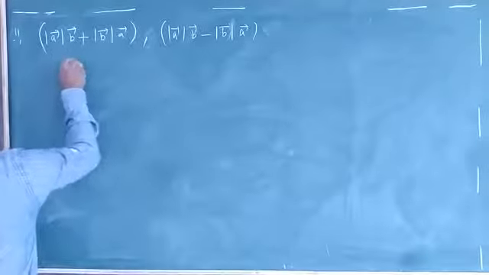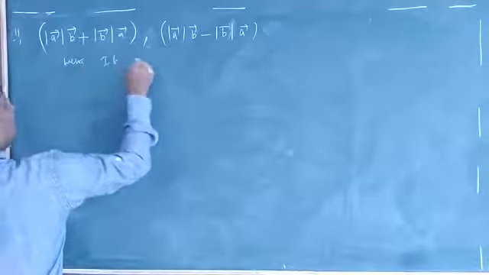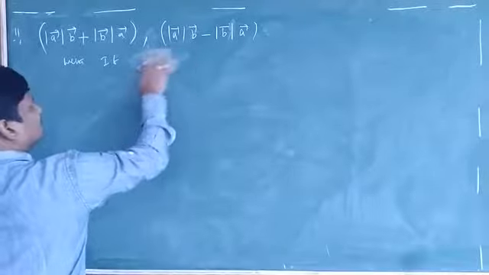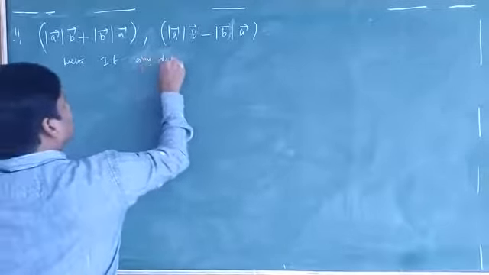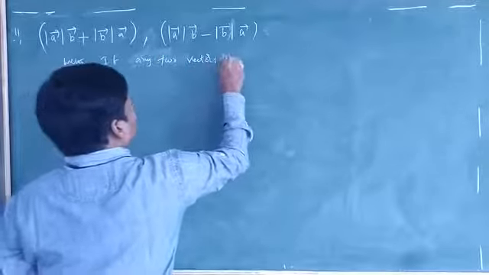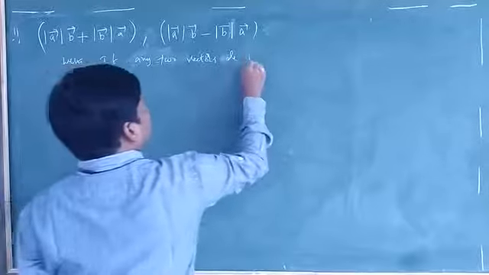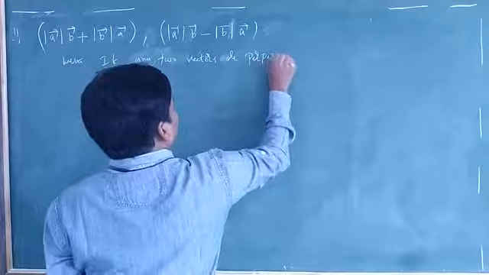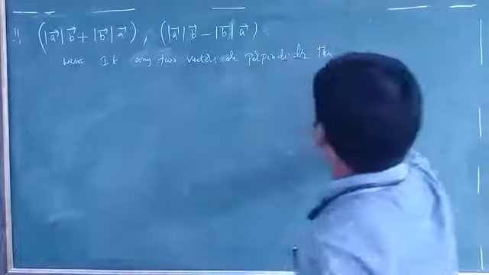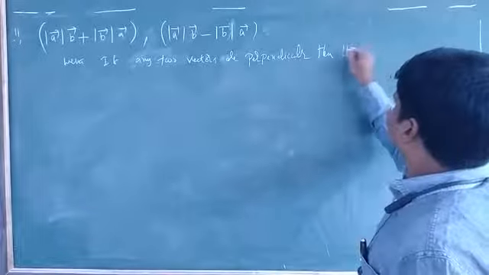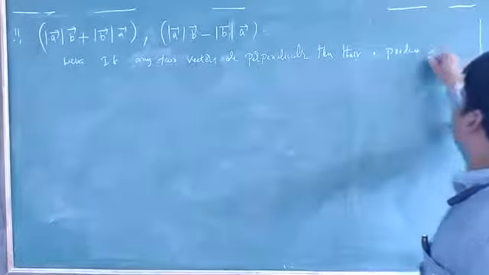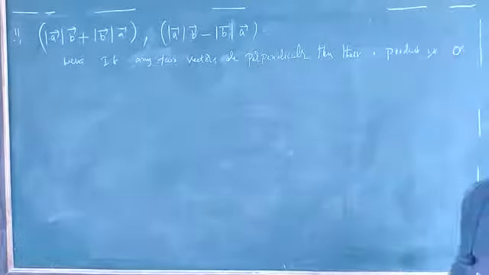See, we know that if any two vectors are perpendicular, then their dot product is 0.